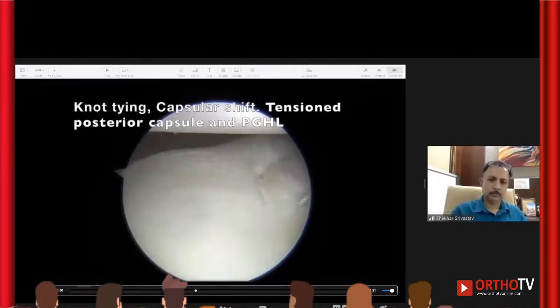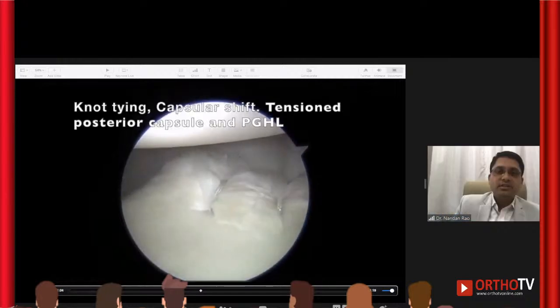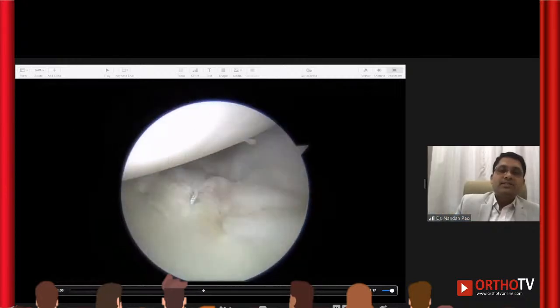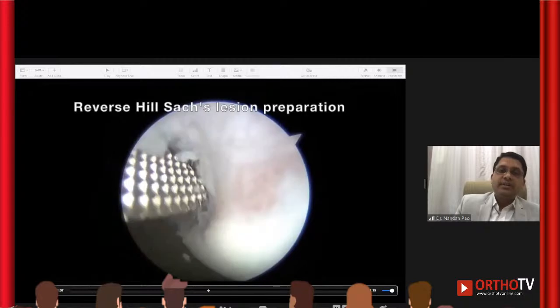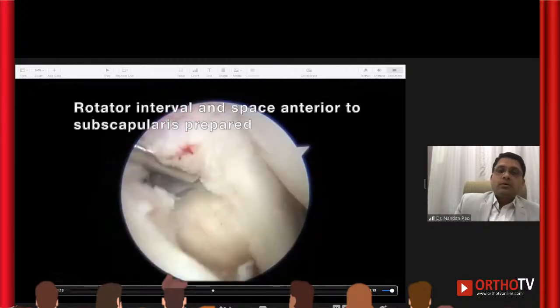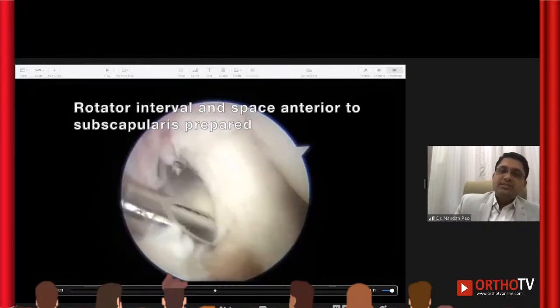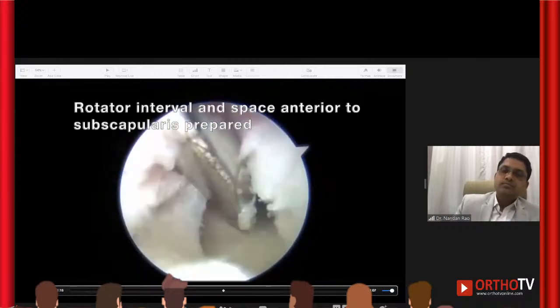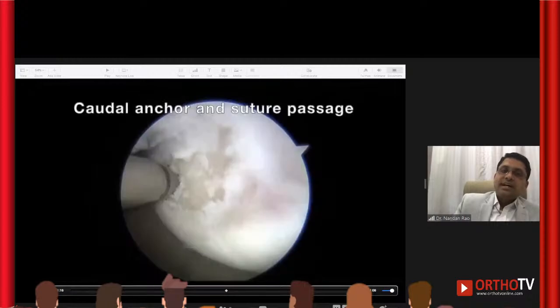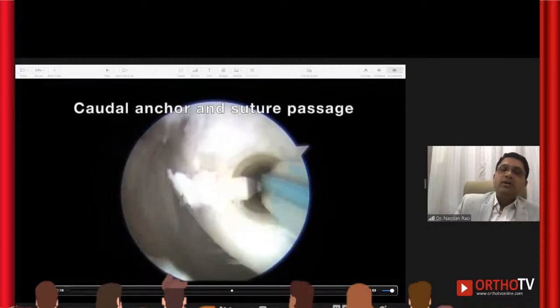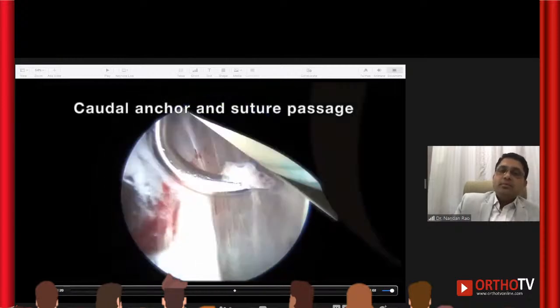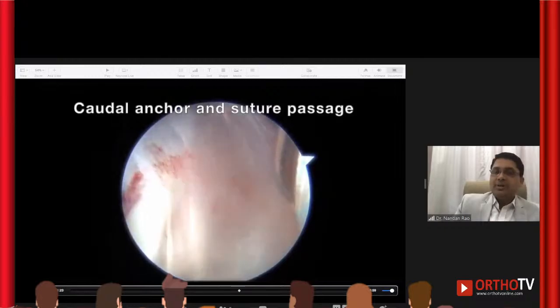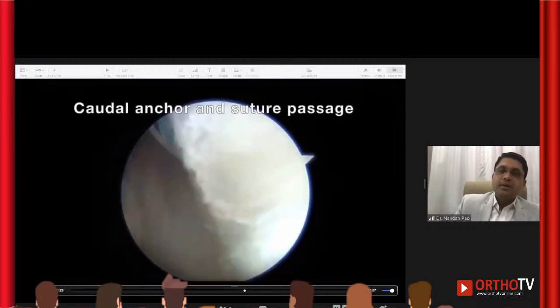We now turn our attention towards the reverse Hill-Sachs lesion, freshening up the defect. We clear the rotator interval and a space anterior to the subscapularis. This is anchor insertion at the caudal part of the reverse Hill-Sachs and suture passage through the tendinous portion of the subscapularis.